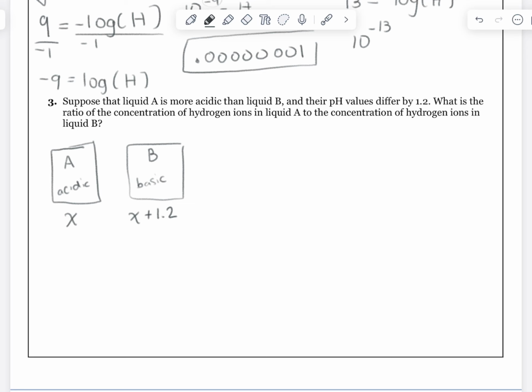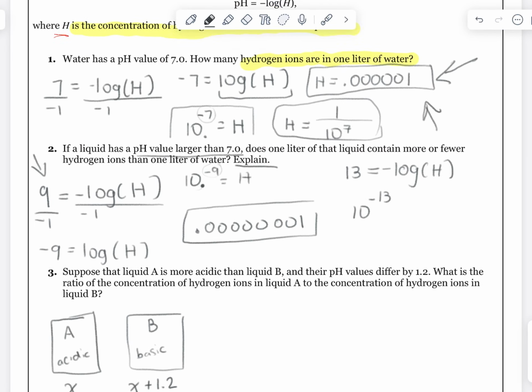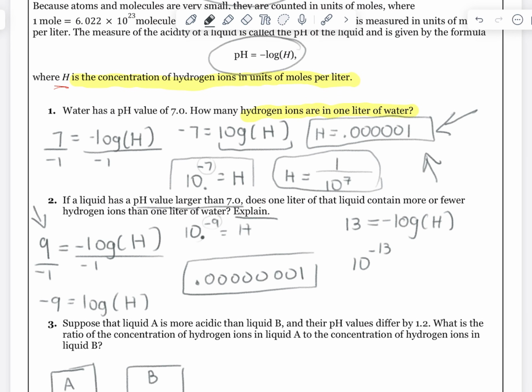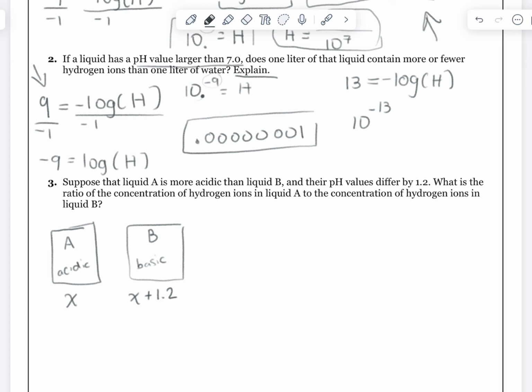let's use the equation that was given to us at the beginning. You have the pH of A is equal to the pH of B, but we have to subtract the 1.2 because remember that liquid A is more acidic than liquid B, so it has the lower pH.